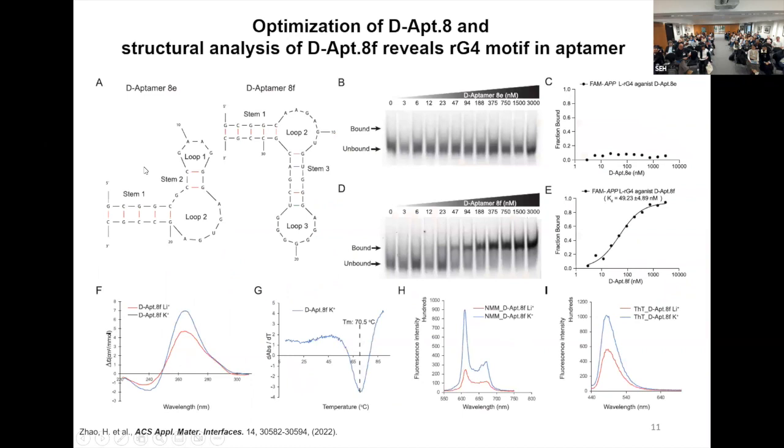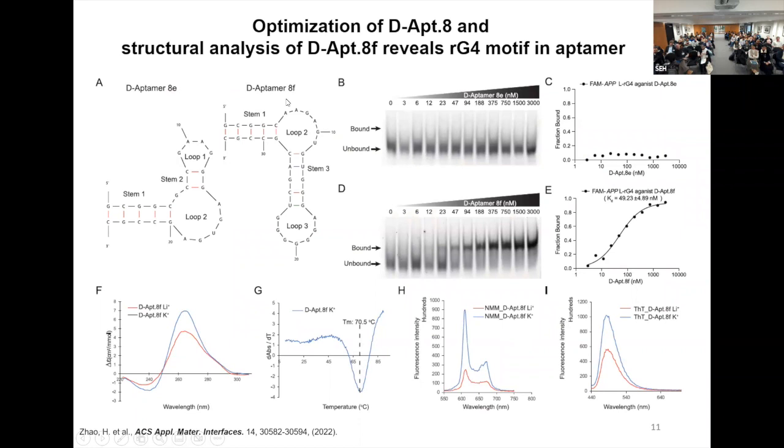As some of the speakers already mentioned, the structure is important, but of course we also want to test different things. So we permutate, mutate and substitute. We are just showing two examples here, 8E and 8F.